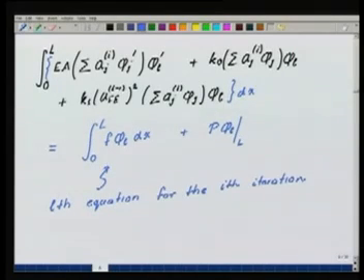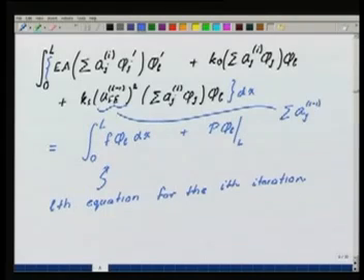So if I write it like this, really this quantity, if I look at this one, what would this be? This would be sum of a_j from the step i minus 1, phi_j, that has to be evaluated. Okay. So this is the nth equation for the ith iteration. So now can I write the stiffness entries?